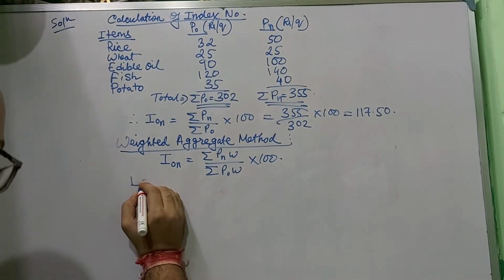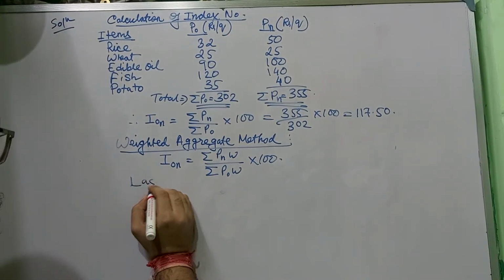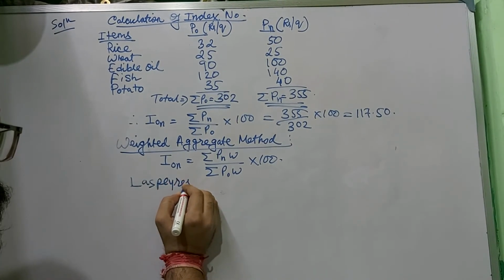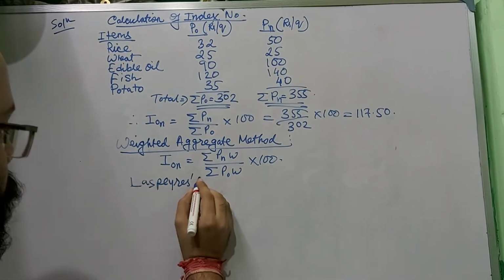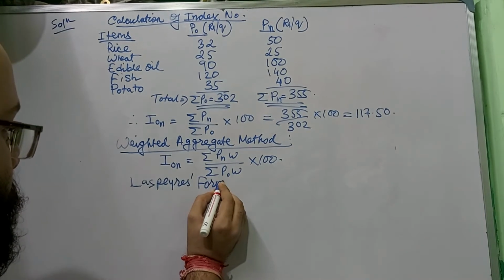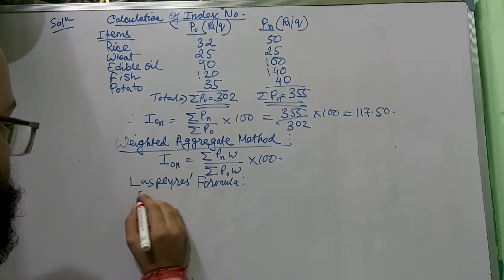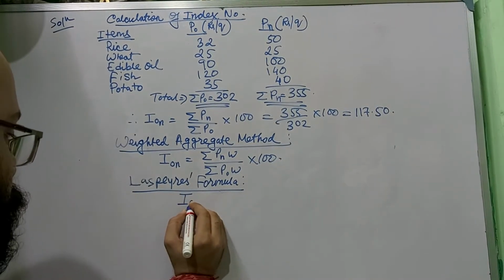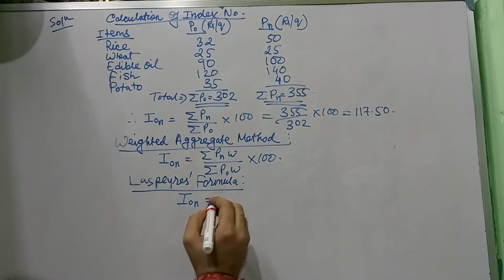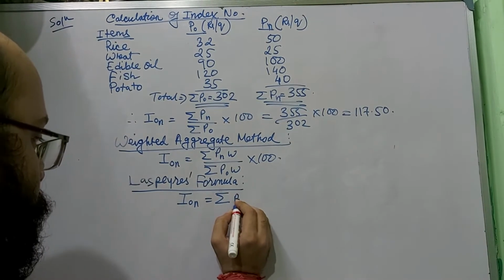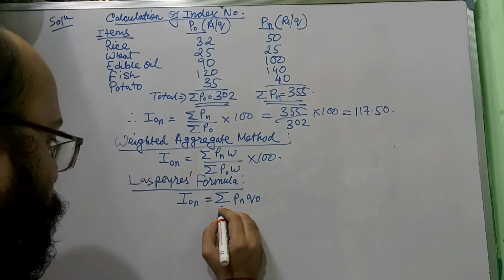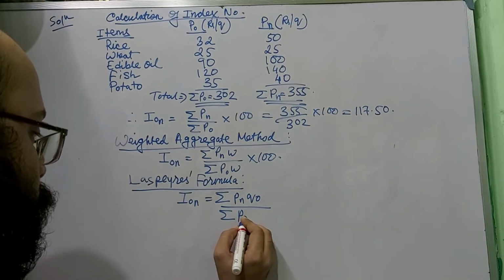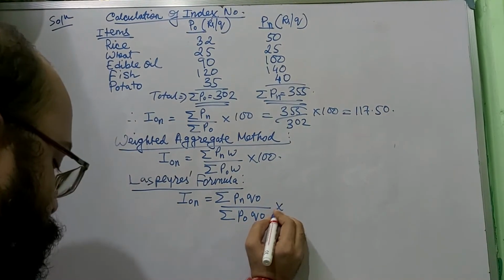Now coming to Laspeyres' formula: I0n is equal to summation of PnQ0 by summation of P0Q0 into 100.